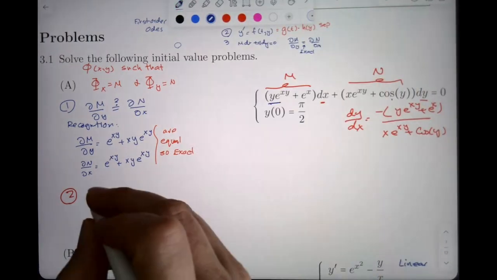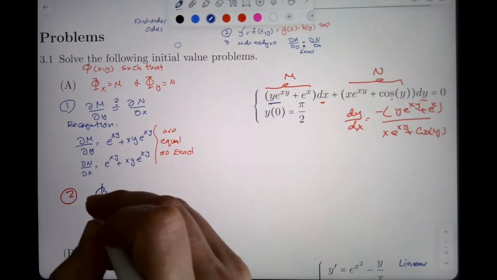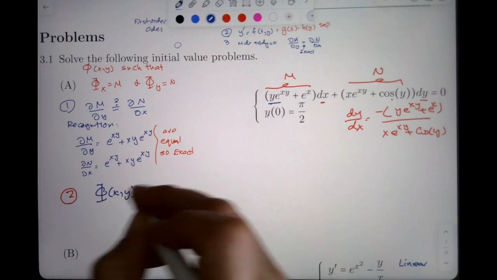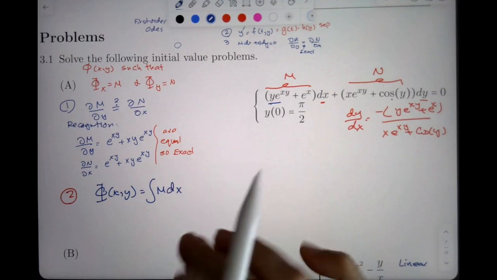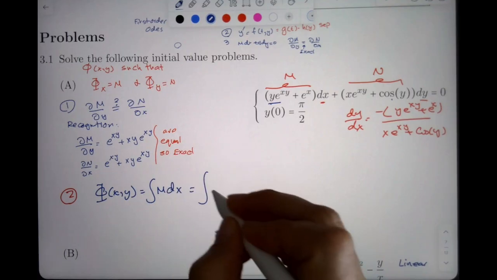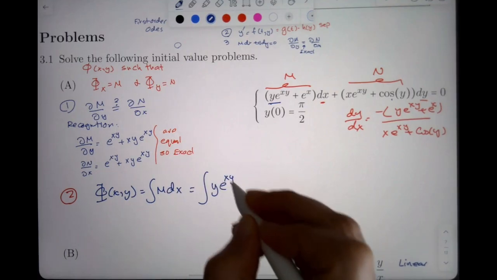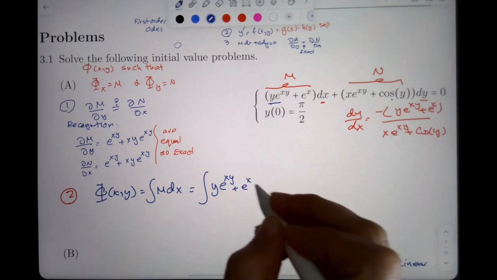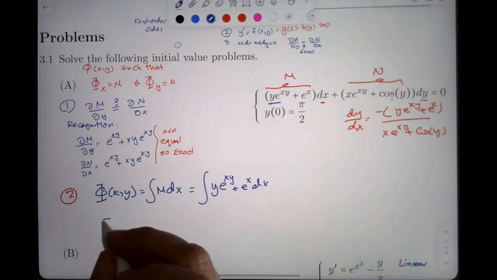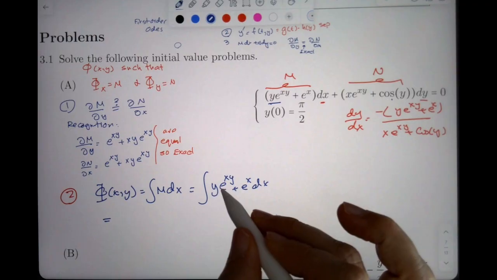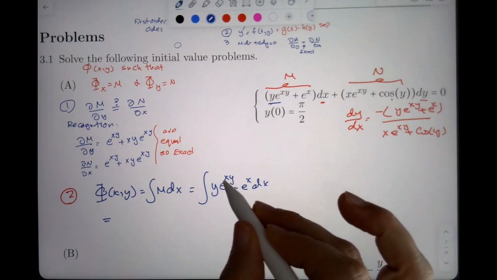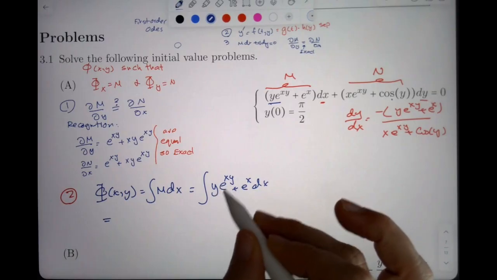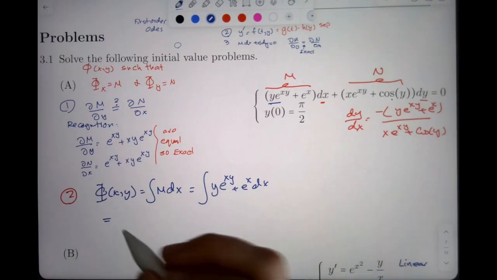So first thing that I do is I try to find phi by integrating m in terms of x. And so that is the integral of y e to the power xy plus e to the x dx. In the first one, y is a coefficient of x, and in e to the x, it's a constant.